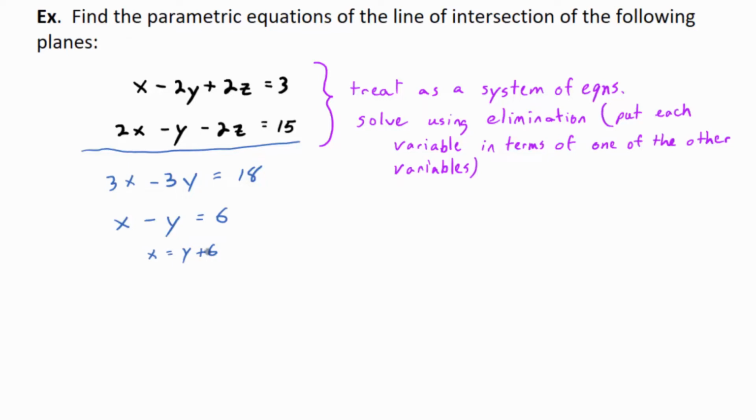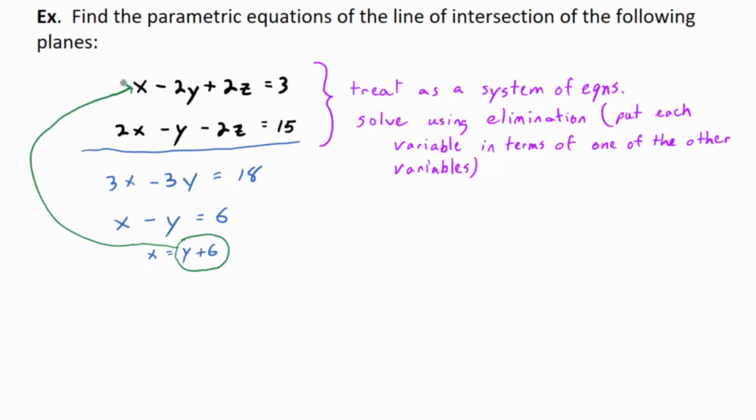So I put x in terms of y, which means I want to put z in terms of y. How do I do it? You plug back in. Yeah, it really is just like the elimination method. Once you get x, you plug whatever x is into one of the equations. Which one would be easiest to plug into? The top one. So I'm going to plug it in right here.